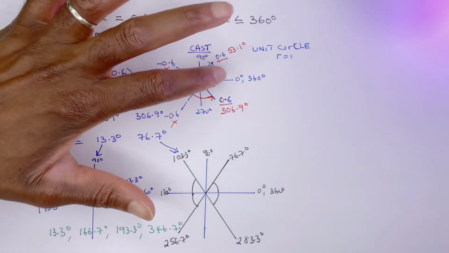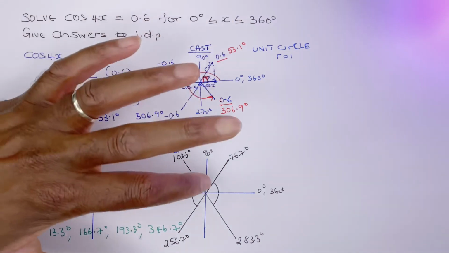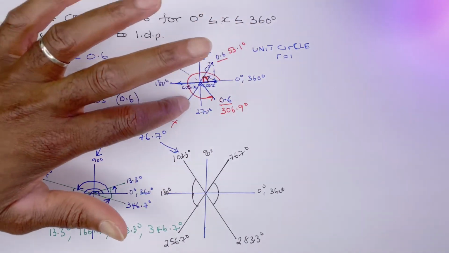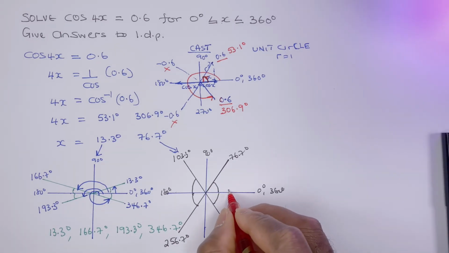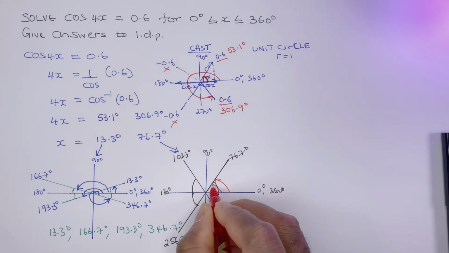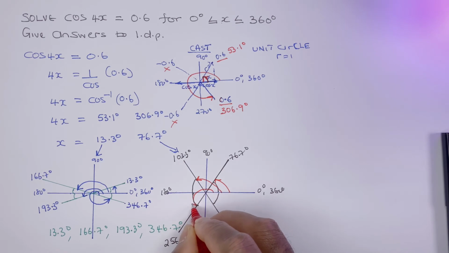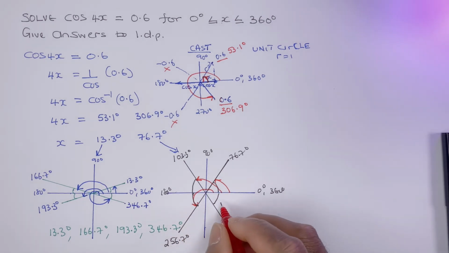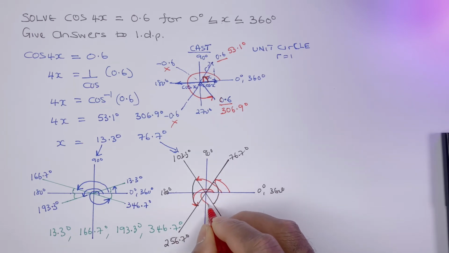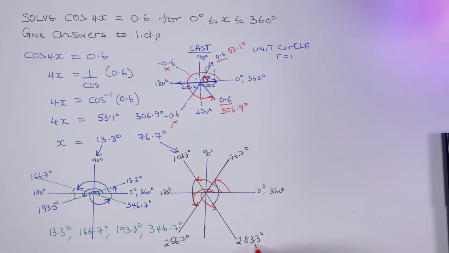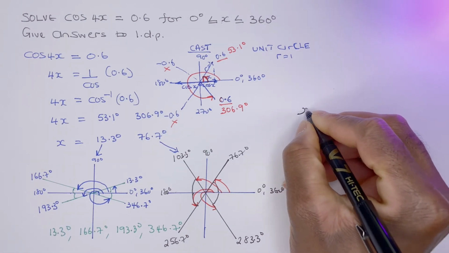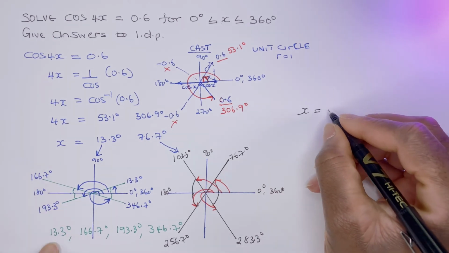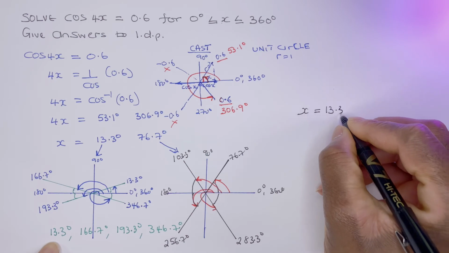So those are the angles that I need that go with the 76.7. Both came from that, as you can see, because we measured in the anti-clockwise direction. So this one goes from 76.7 degrees, 103.3 degrees, 256.7 degrees, and 283.3 degrees all together now. So we can now see the answer to the question: x equals, you start with 13.3 degrees.